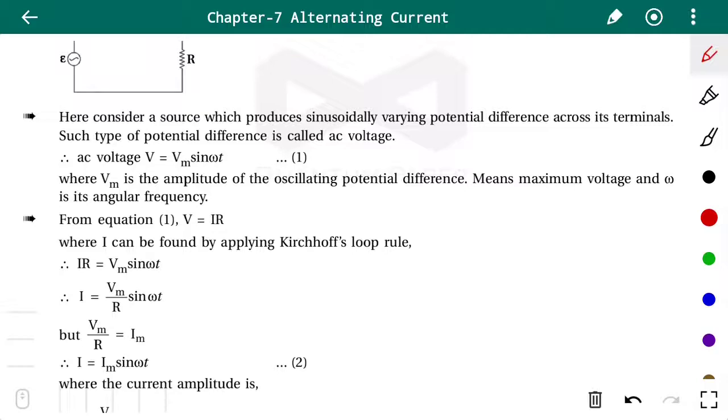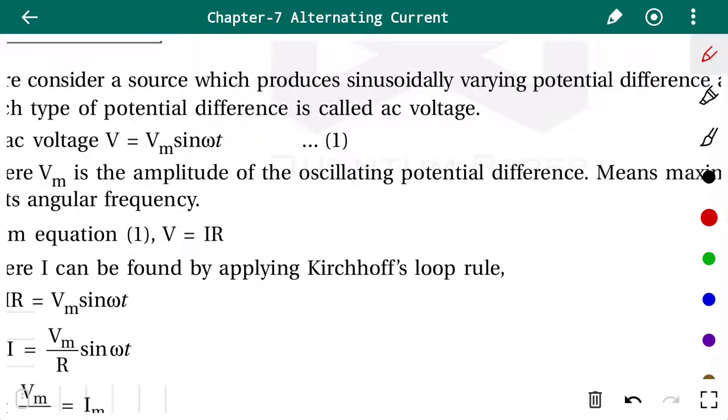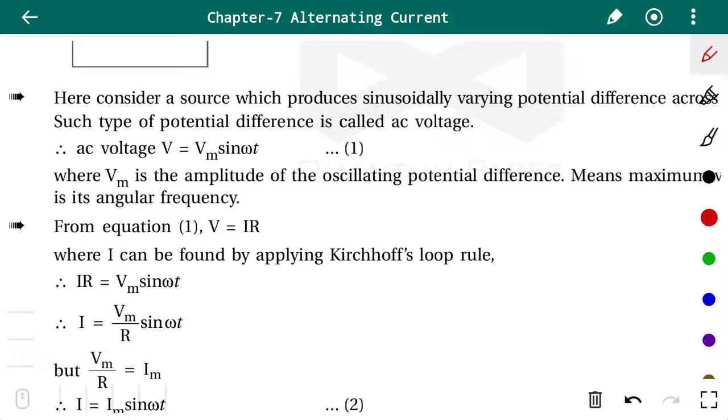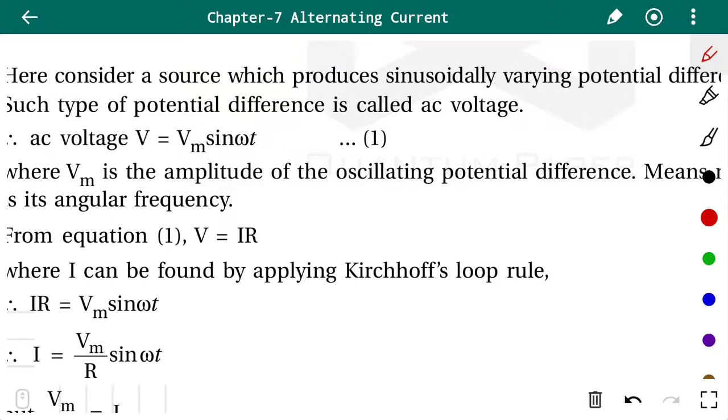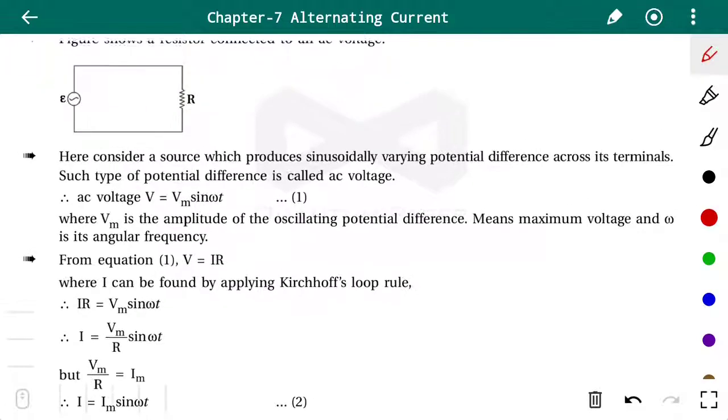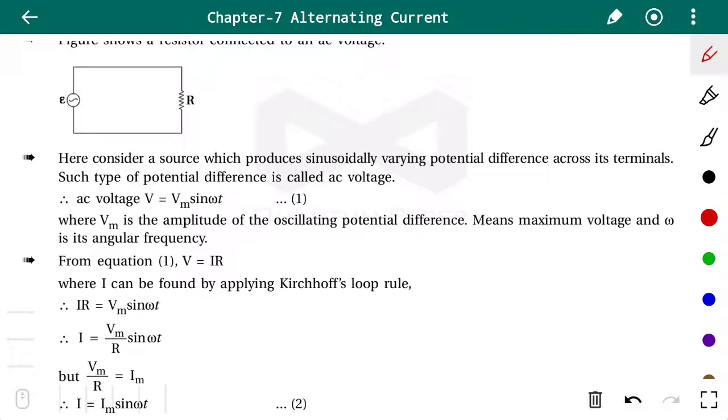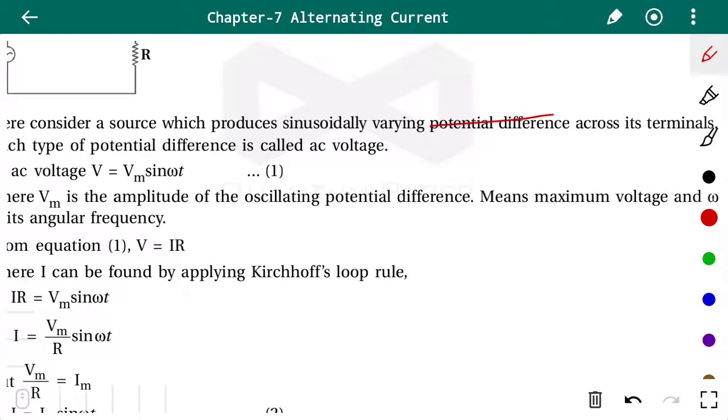The voltage that we are giving is AC voltage, so it can be written as V equals Vm sin omega t, where Vm is the maximum voltage, comparable to the amplitude of the oscillator. So Vm is the amplitude of the oscillating potential difference, meaning maximum voltage. Omega is its angular frequency.